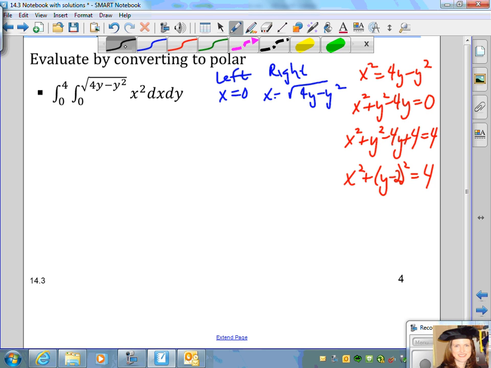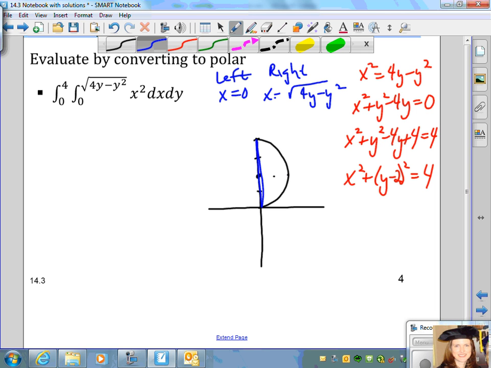So we can look at a sketch of this. The center of the circle is at 0, 2. The radius is 2. The left side of the region is x equals 0, which would be the y-axis, and the right side of the region is x equals the square root, so it's going to be the right half of that circle.